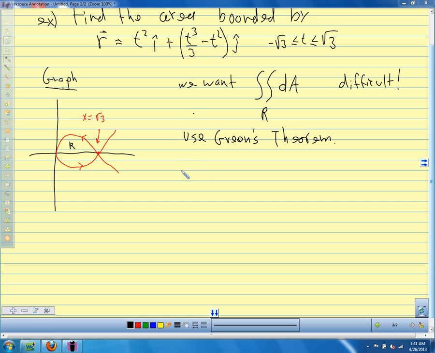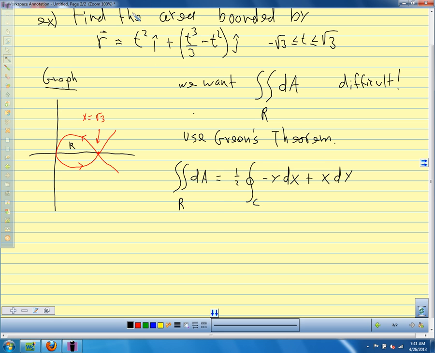The double integral over the region R of dA is 1/2 the integral around our boundary of minus y dx plus x dy. It's that line integral. Now I'm thinking this is not going to be too bad.